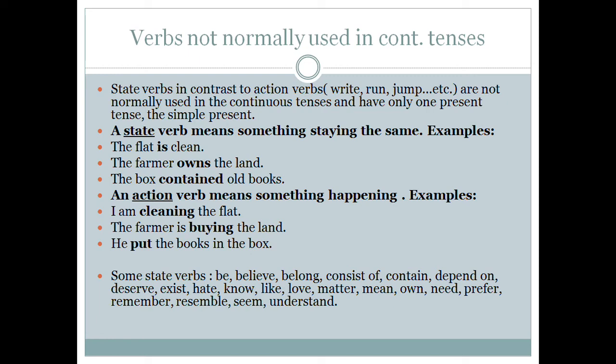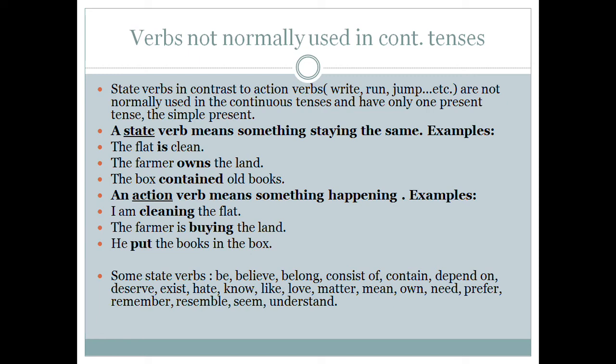Action verbs mean something happening. Clean, like the above, write, run, jump. These verbs are action verbs. So examples: I am cleaning the flat. We say the flat is clean.